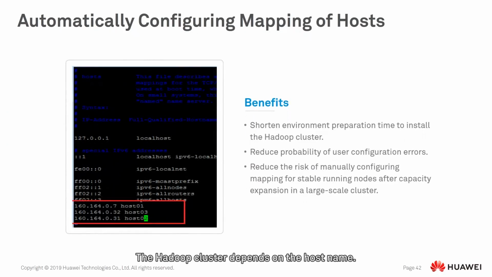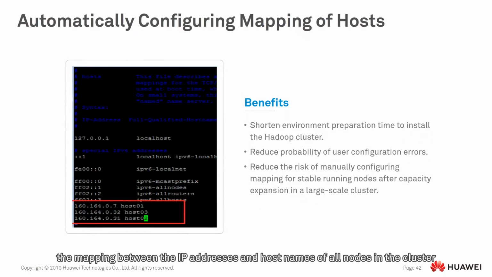The Hadoop cluster depends on the host name. During the installation, the mapping between the IP address and host names of all nodes in the cluster must be added to the host files under the etc directory on each node. If you want to expand the capacity of a cluster with more than 1,000 nodes, it's hard for you to manually modify the file on the existing nodes.